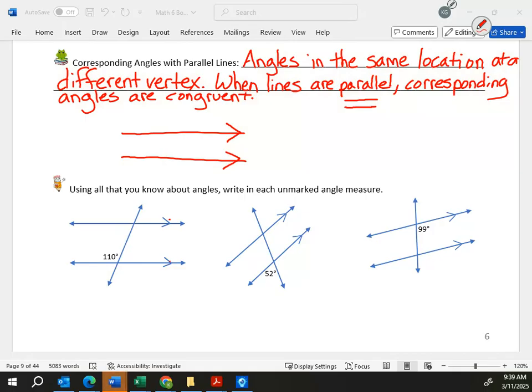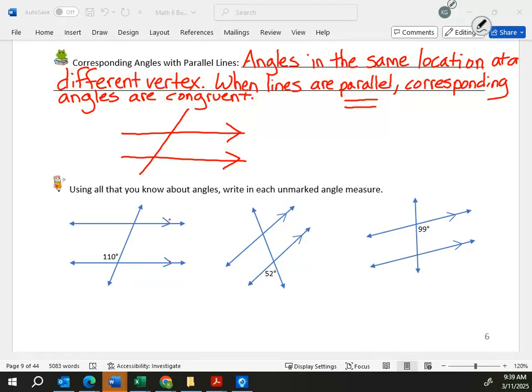It's hard with this marker. But when I put these two lines on there, I know that they are parallel lines. Then I'm going to have an intersecting line. Okay? So when we're talking about those corresponding angles with parallel lines, you will see two parallel lines with a line intersecting both of them.